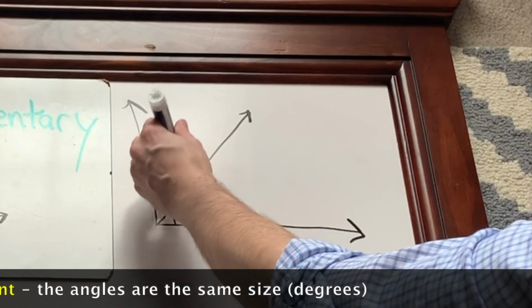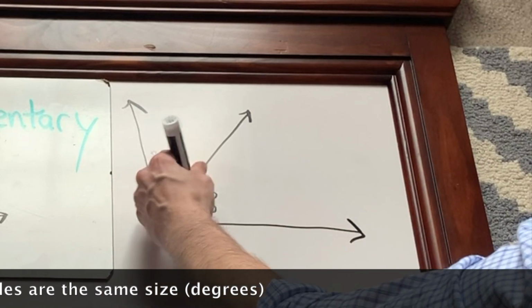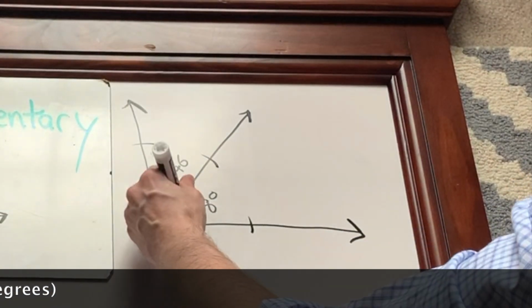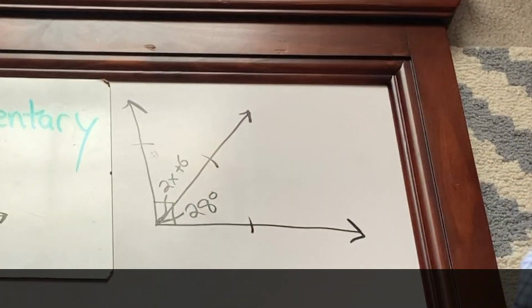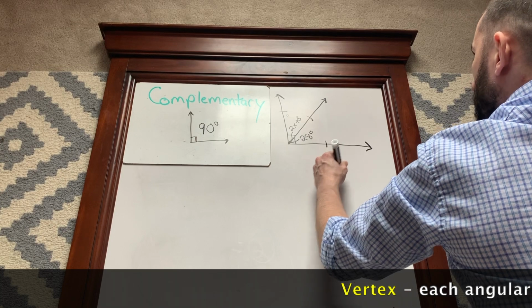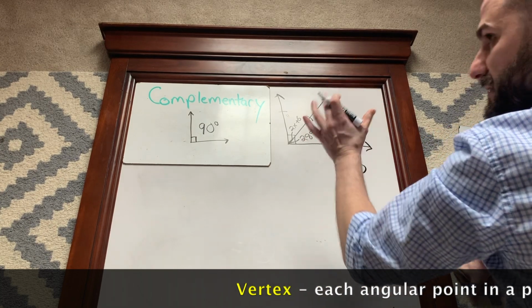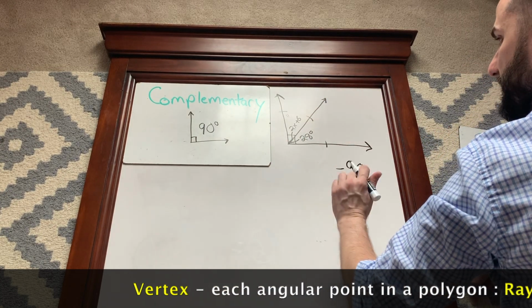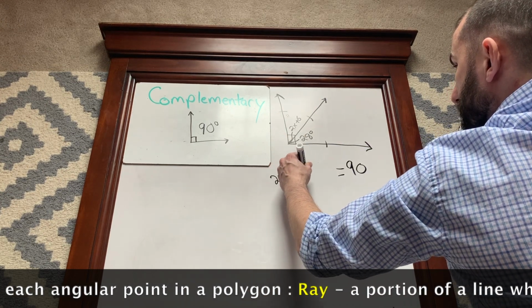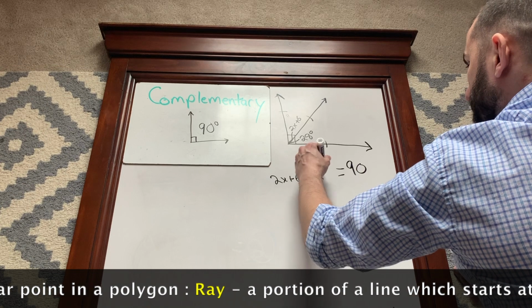So we would do this angle, this angle. So this is this, not the measurements. We're not doing anything like that. We're doing angles. So we have to add these two up, and it will be out of 90. So we just equal 90. I like to do the equals 90 first. It's kind of like our ending. Then we will just add 2x plus 6 plus 28.